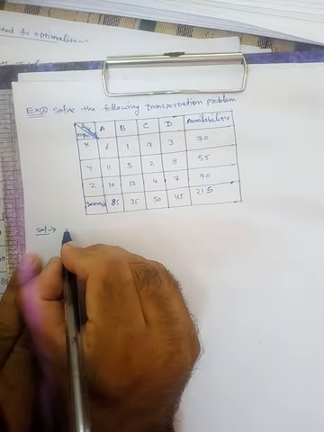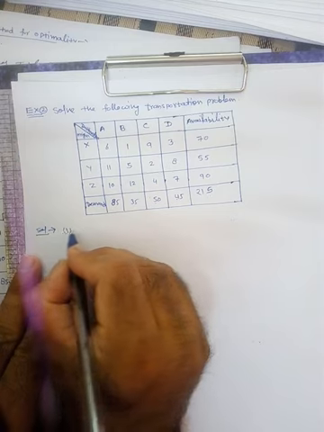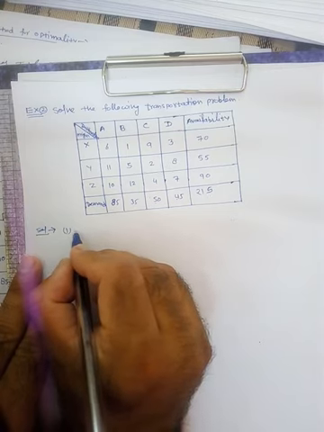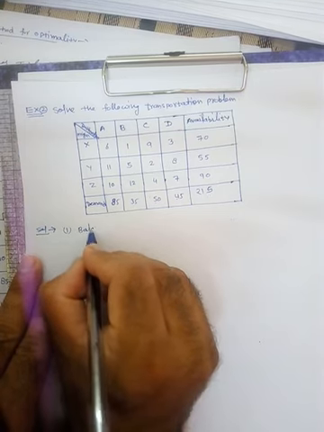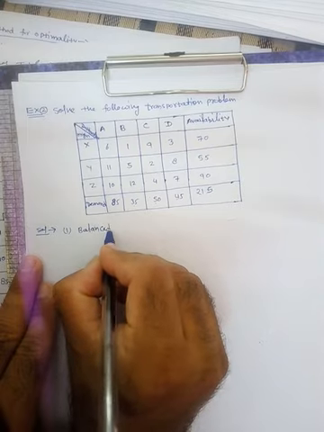Fine. So step number 1: balanced transportation problem.